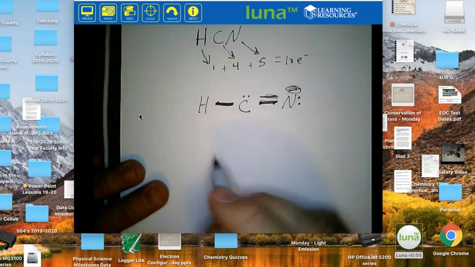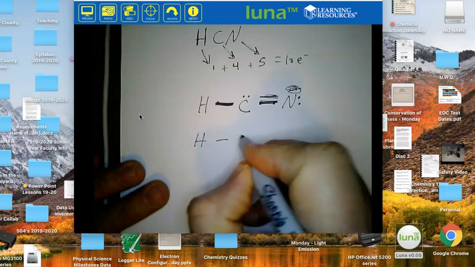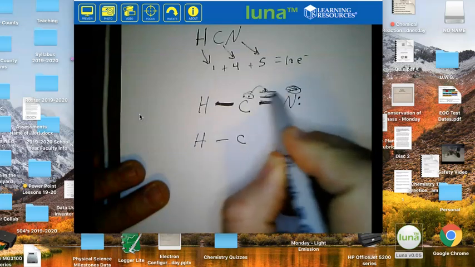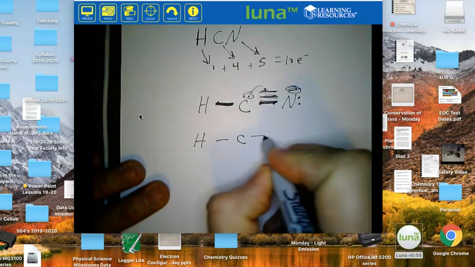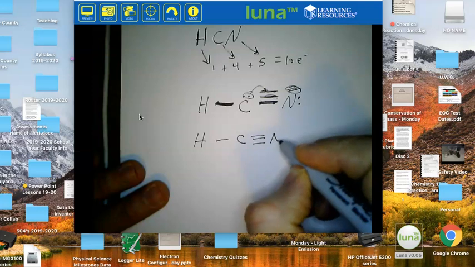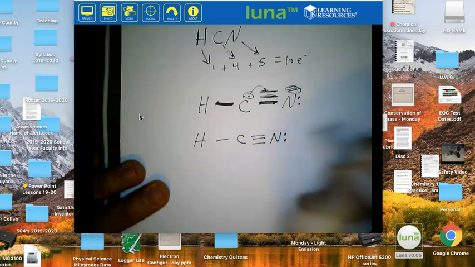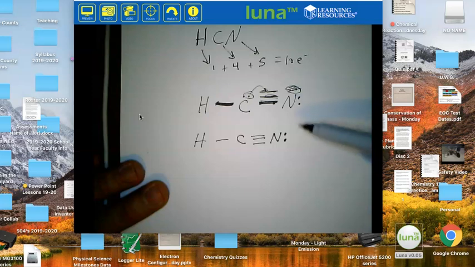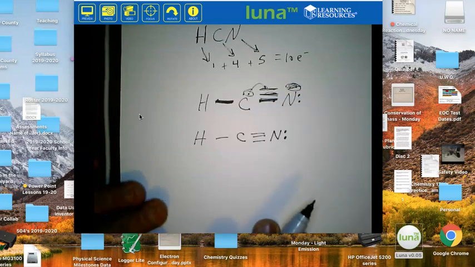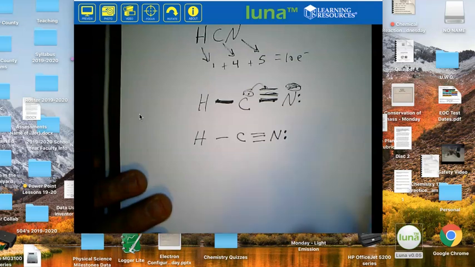Let me rewrite this so it's not so sloppy. This lone pair is going to make a third covalent bond. So you're going to have 3 covalent bonds between carbon and nitrogen, and then you leave the lone pair there that was there originally. Now you have 2, 4, 6, 8 around nitrogen, 2, 4, 6, 8 around carbon, and 2 around hydrogen. So that would be your structure for HCN.